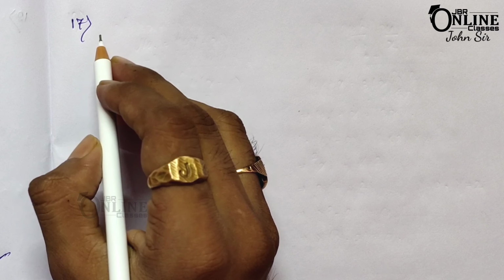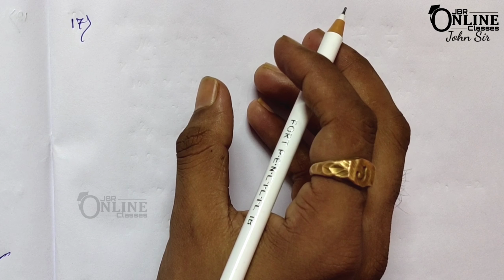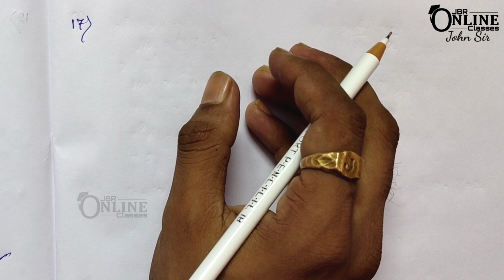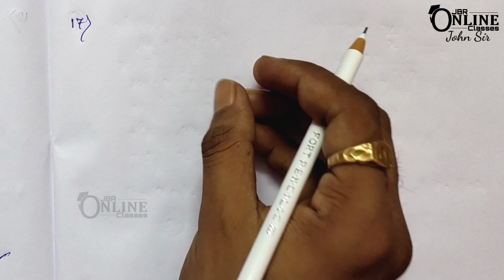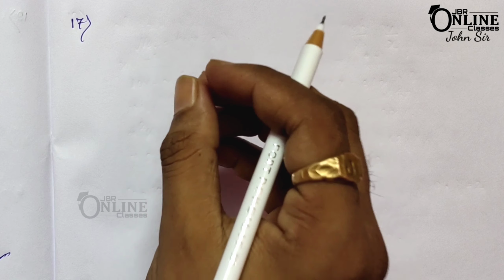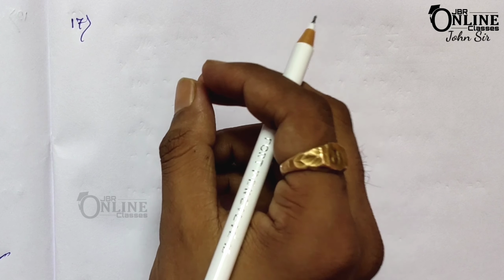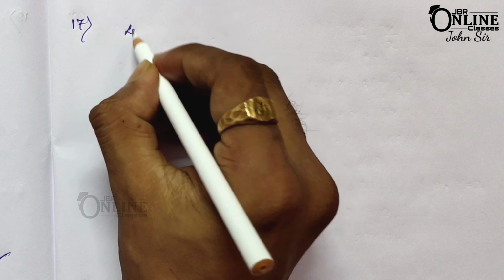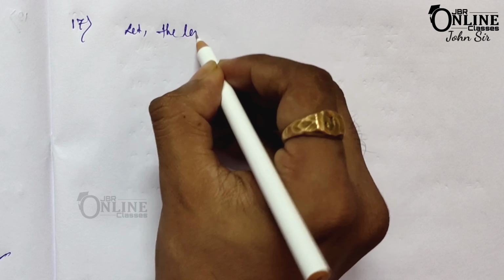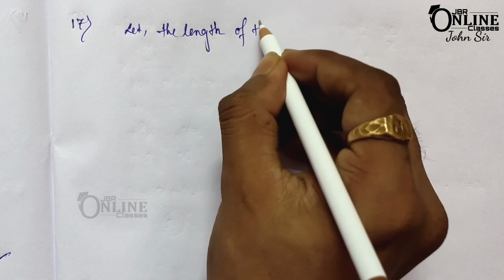Now sum number 17. A piece of cloth costs rupees 175. That means you don't know the length of the cloth. If the piece were 4 meter longer and each meter cost rupees 5 less, then the cost would have remained unchanged. How long is the piece? So first, let the length of the cloth equal x meter.